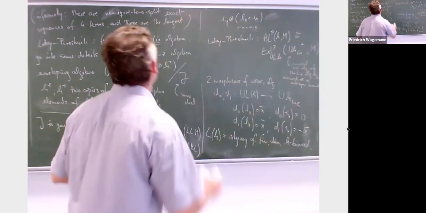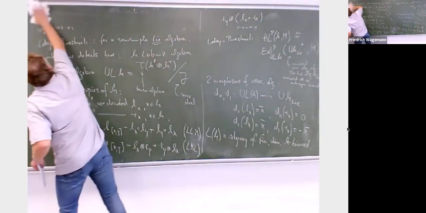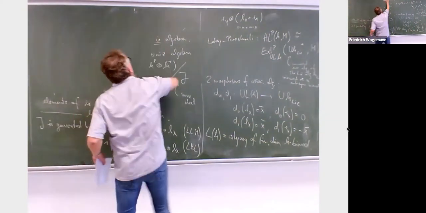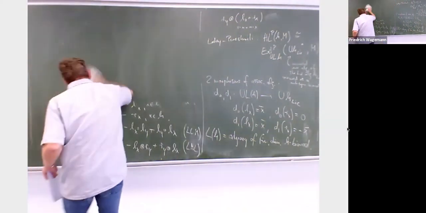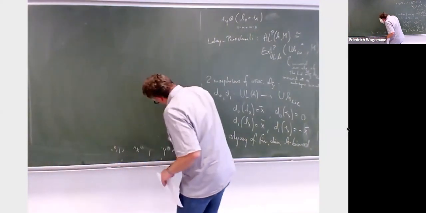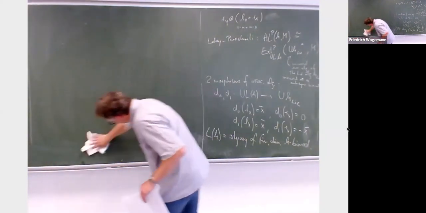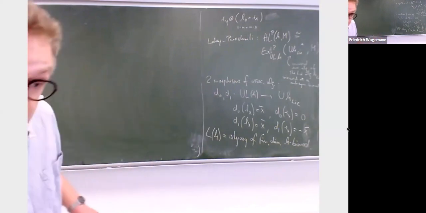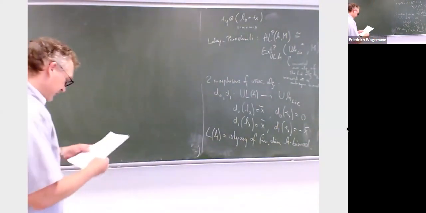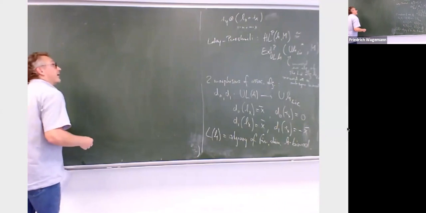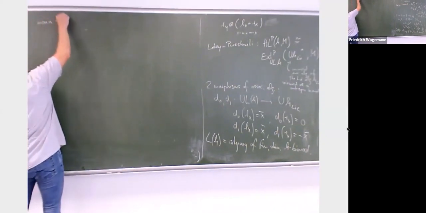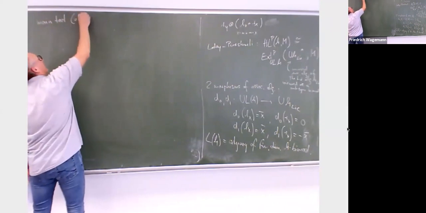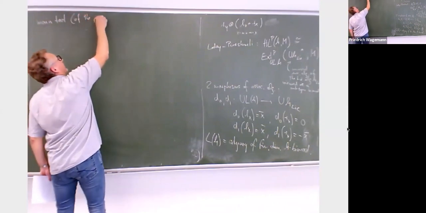And so just to give you an impression of what we did in the computation and what Loday and Pirashvili did in their computation, I want to talk about the main tool of the proof of the theorem.